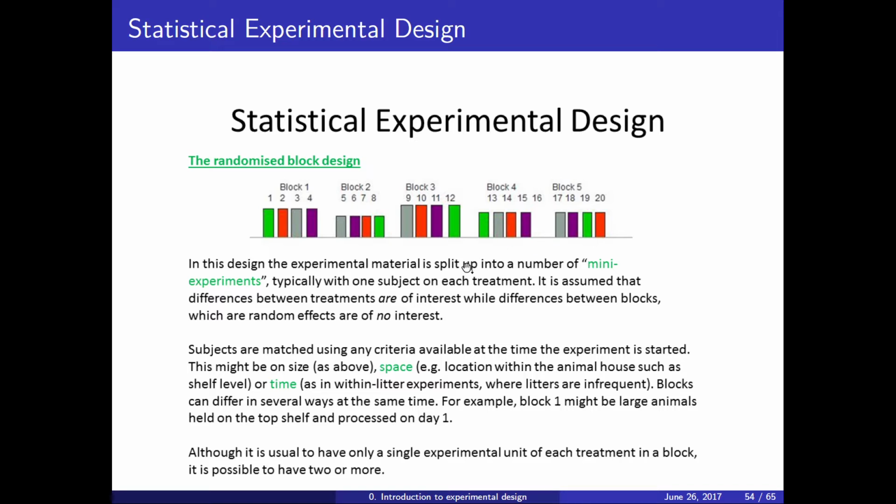And you can use blocks to block space, or to block time, or to block the litter, or to block sex, age, or whatever. This is a very much used kind of design.